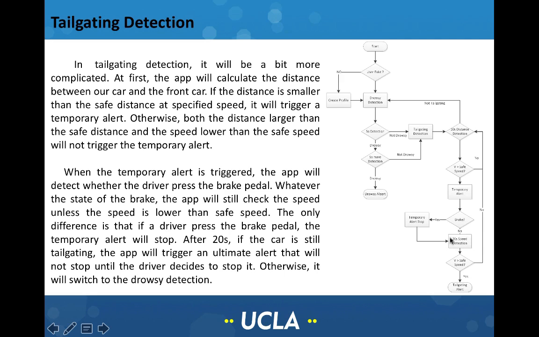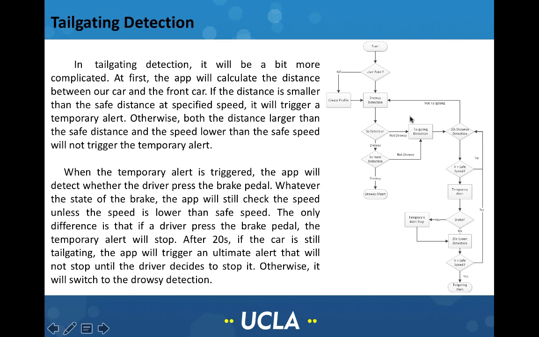After 20 seconds, if the car is still tailgating, the app will trigger an ultimate alarm that will not stop until the driver decides to stop it. Otherwise, which means that the car is not tailgating, it will switch to the jersey detection. Then this app will switch between these two activities.